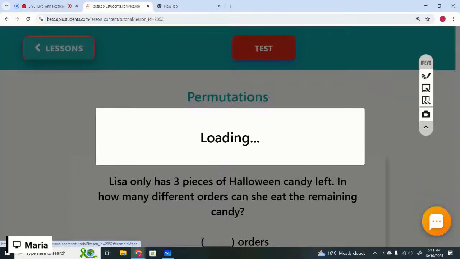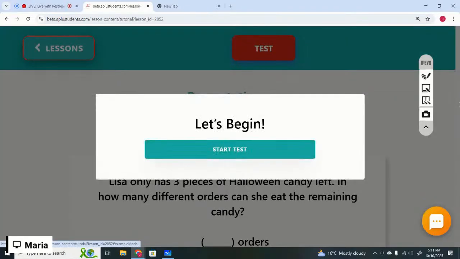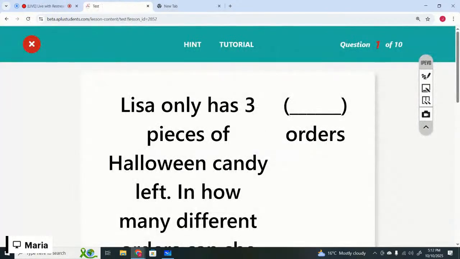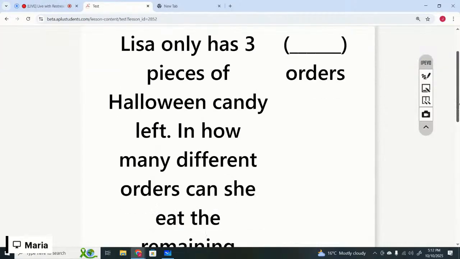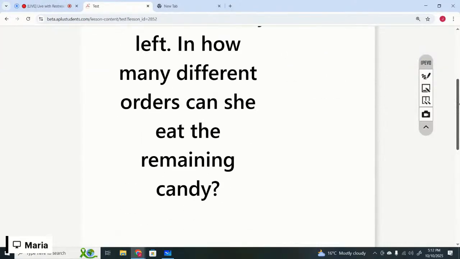Let's just start with the test question. Lisa only has 3 pieces of Halloween candy left.